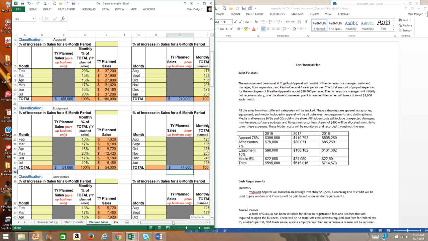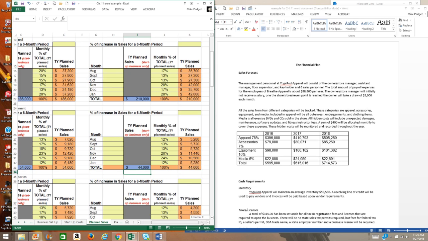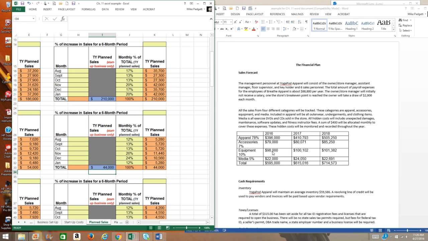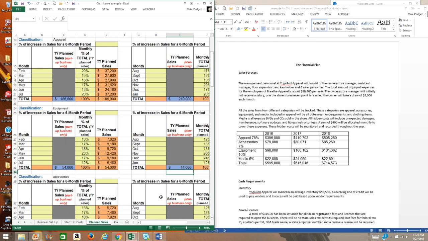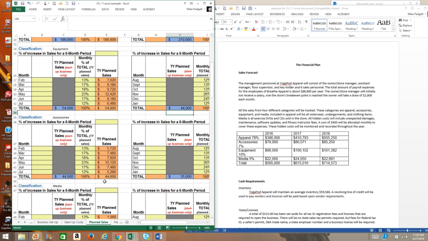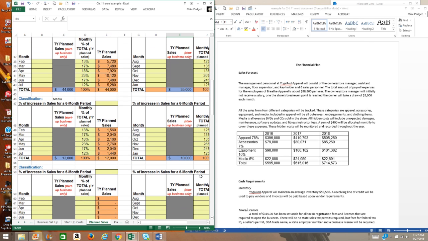Then you would add together your equipment sales of 54 and 44,000, which got us the 98,000. Then we added together accessory sales of 44 and 35, and that gave us 79. And then you add together your media sales of 12 and 10,000, and that gave us the 22,000.